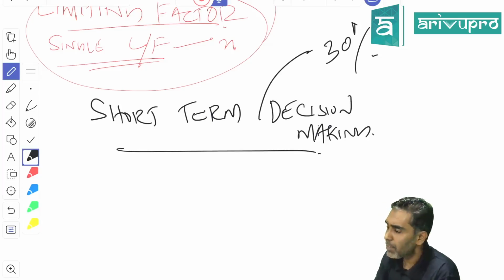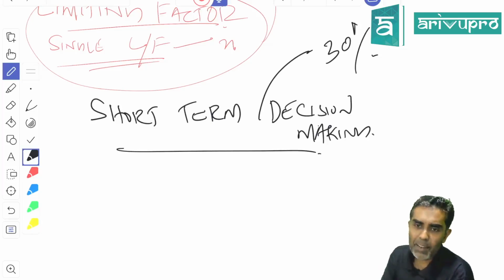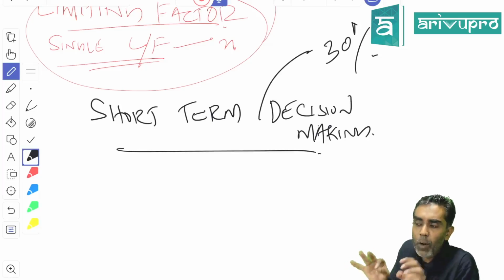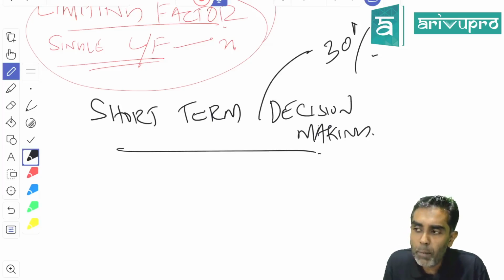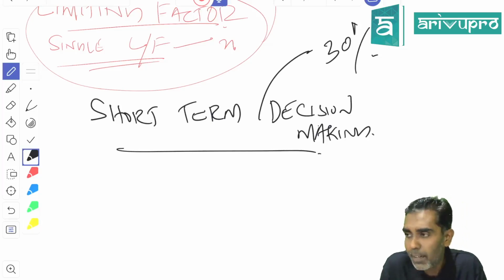The emphasis will be on contributions, because in the short run, fixed production overheads are considered as period cost, which is not relevant for decision making. Therefore, we take the decision based on contribution. So, if you say the contribution is more important than profit, what is the accounting system applied in the short run? Do you go with marginal costing or absorption costing? We discussed it in the very first class, or second class, I'm sorry.